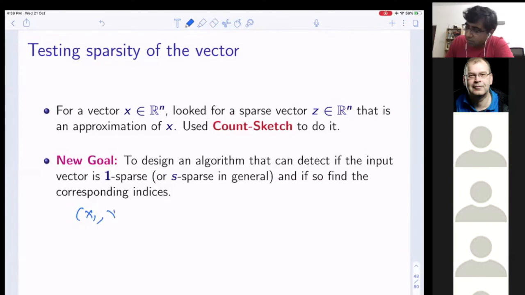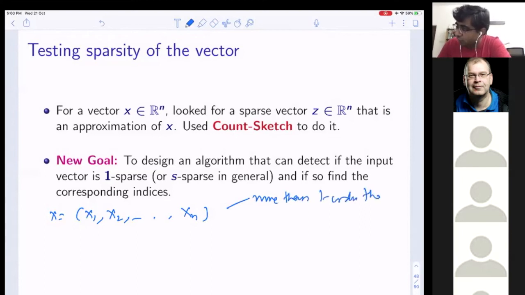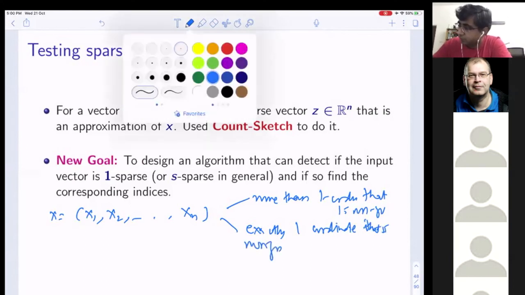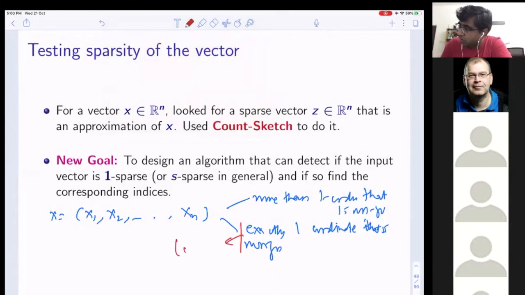At the end of my stream, I have this vector X, and I want to know: is there more than one coordinate that is non-zero, or exactly one coordinate that is non-zero? And if this is the case, I want you to output the coordinate and the value. So I want to do this question.